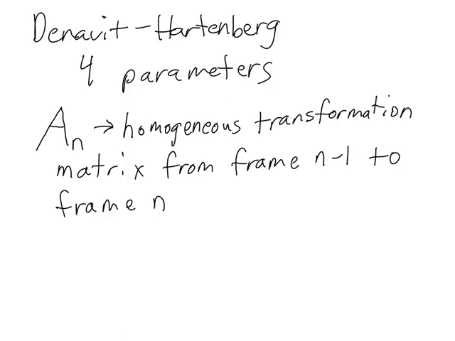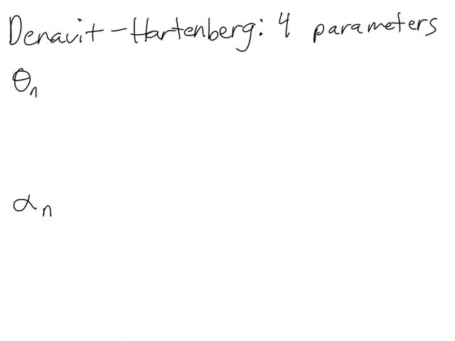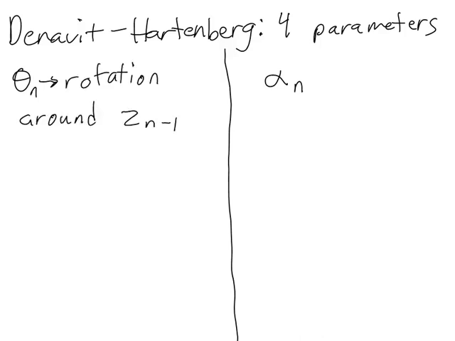These 4 parameters include 2 rotation parameters and 2 displacement parameters. The 2 rotation parameters are called theta and alpha. The theta parameter is defined as the rotation around axis Zn-1, while the alpha parameter is defined as the rotation around axis Xn.